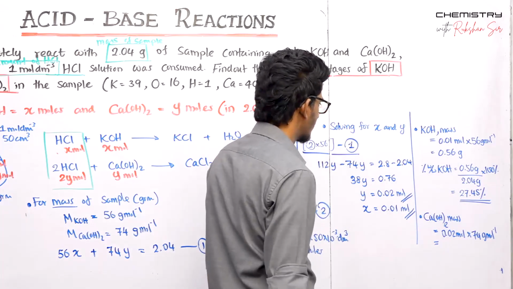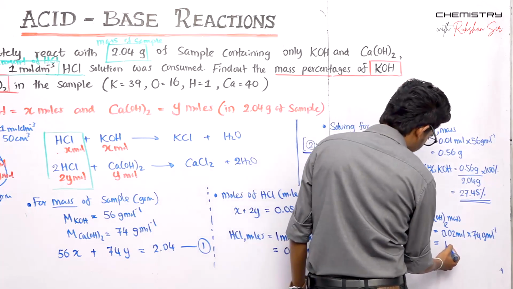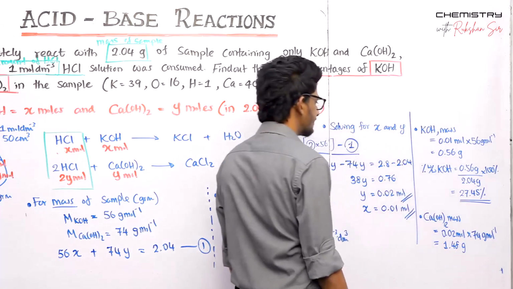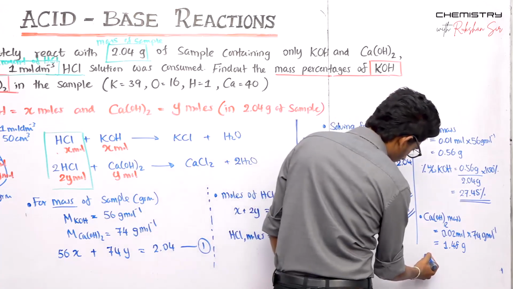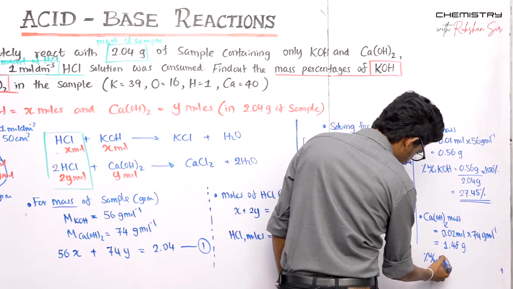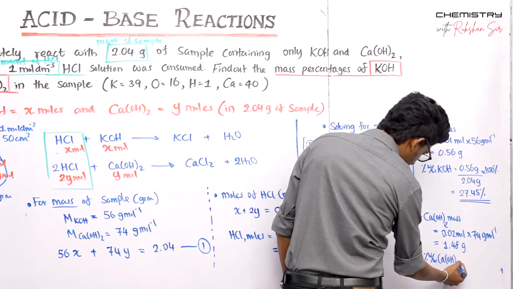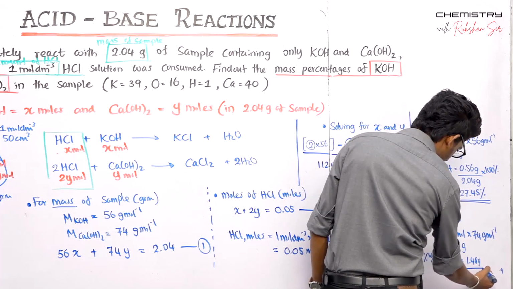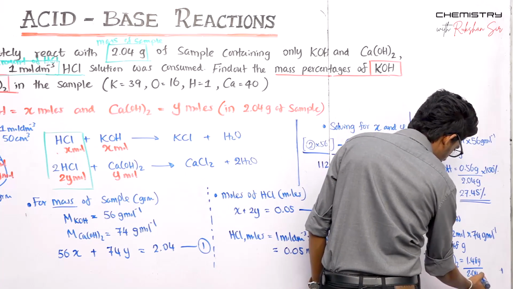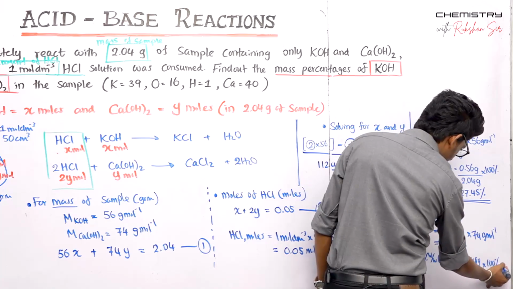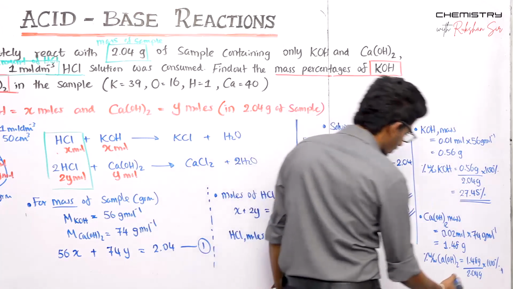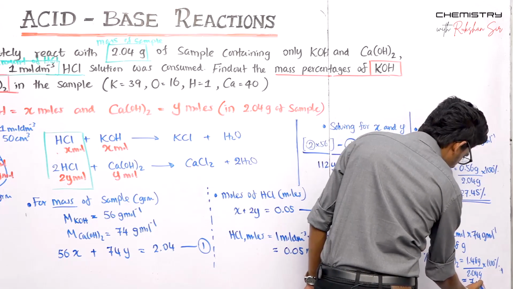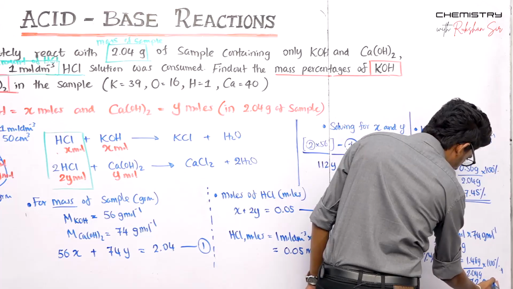So the mass is going to be 1.48 grams, right? So the percentage is then 1.48 grams divided by the total mass 2.04, into 100. So that value is going to be 72.5.